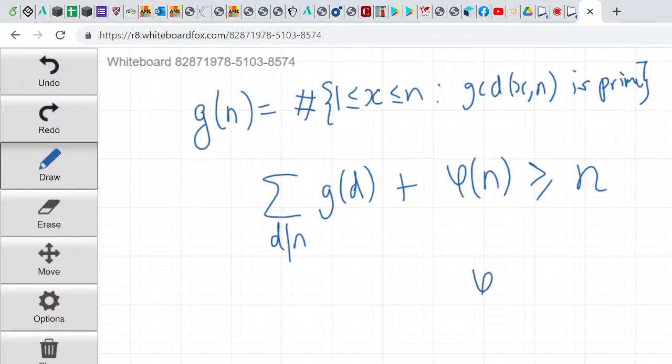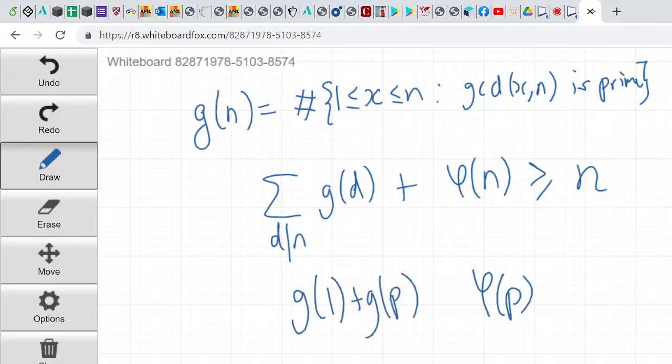If n was prime, it'd be g of 1 plus g of p, plus phi of p. G of 1 is 0. G of p is 1. Plus p minus 1. So this gives you equality.